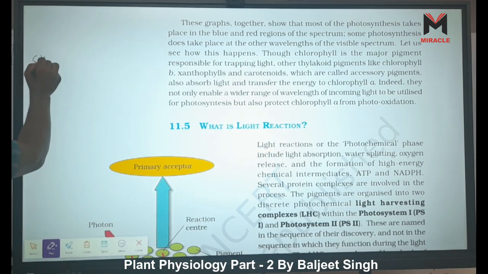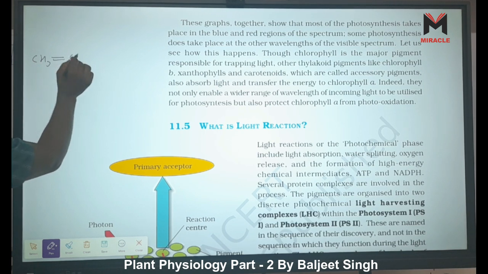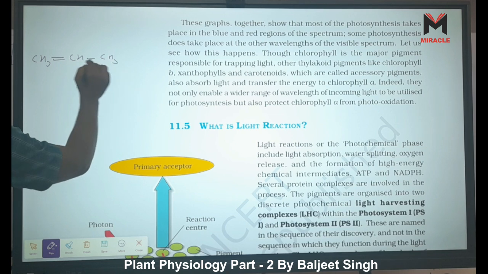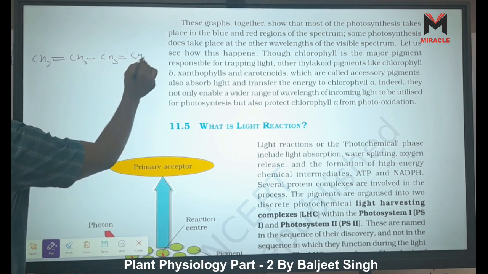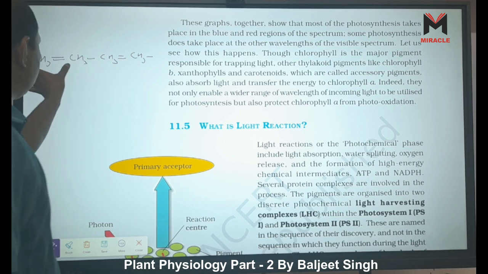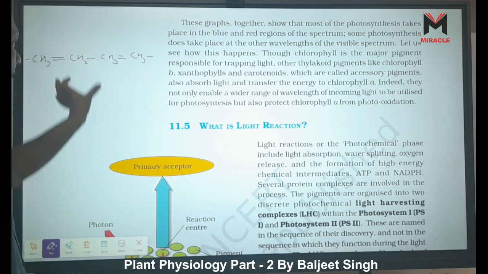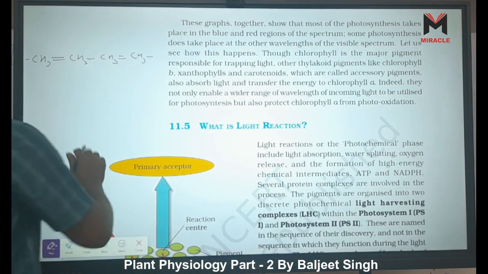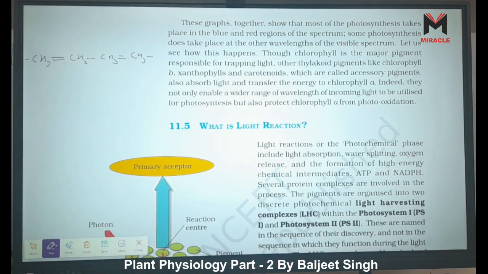Look, CH3, then a double bond, CH, then a single bond, CH3, double bond, and so on. They are interrelated with single bonds. They are polymers of ethene.